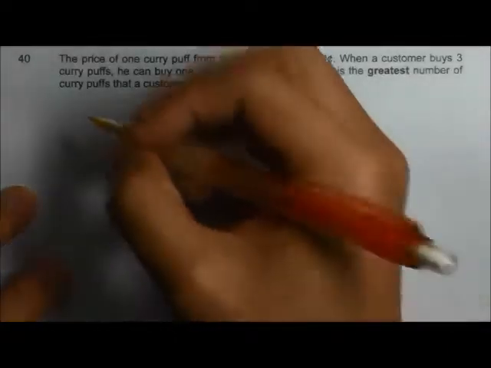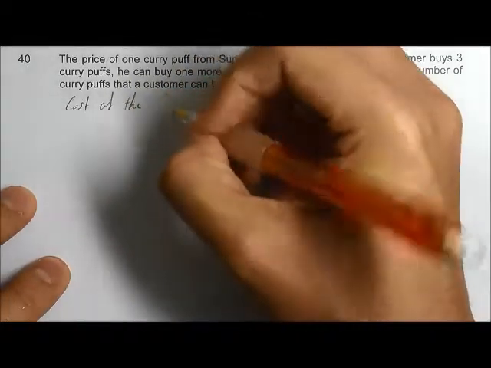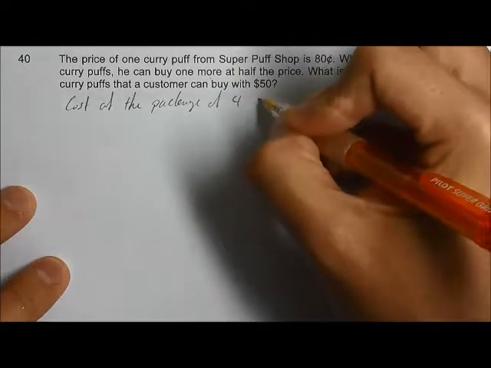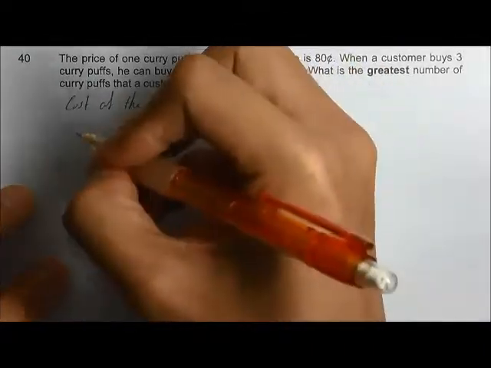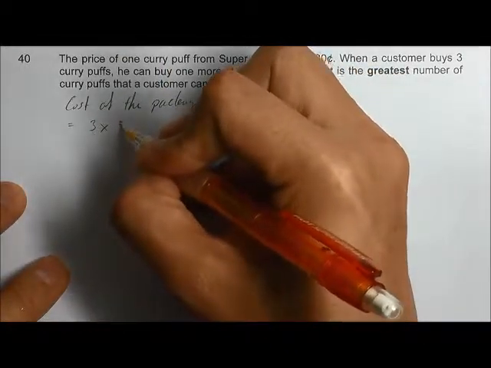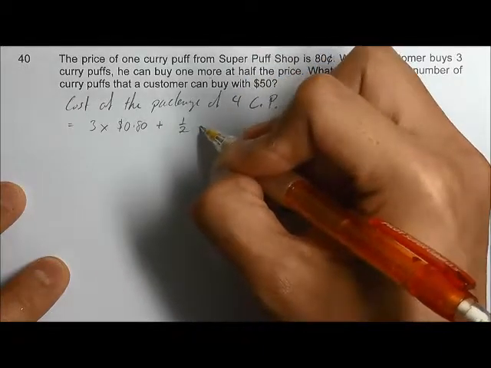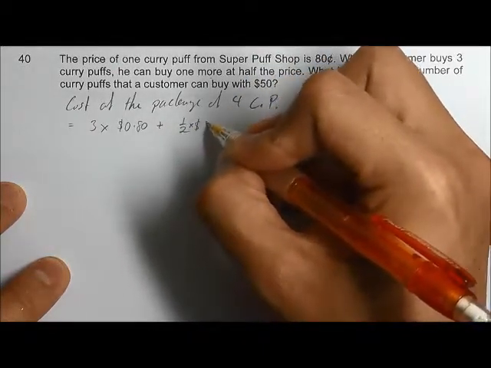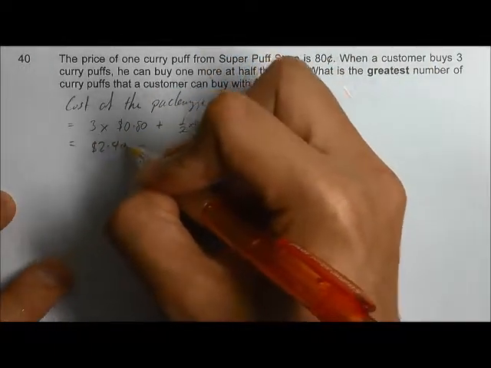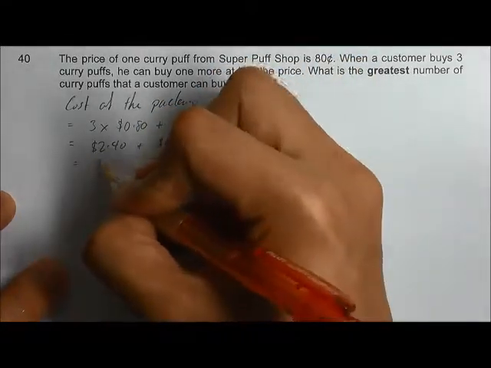Okay, so we can find out the cost of the package of 4 curry puffs. That will be 3 times 80 cents plus half of 80 cents. Okay, that will give us 240 here plus another 40 cents.